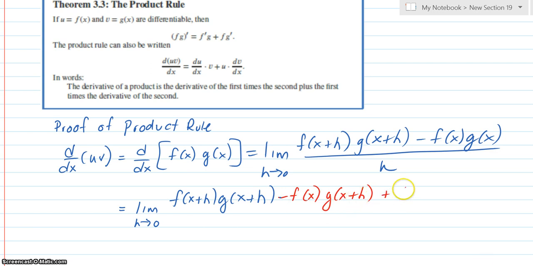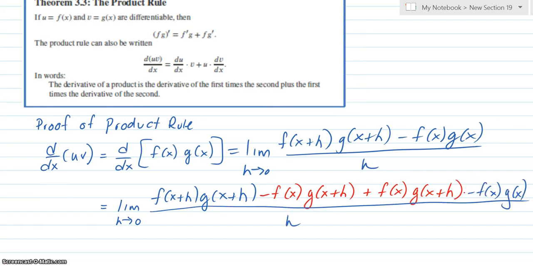And then I'm going to add it so I do not change the value at all. And I still have that f of x times g of x. This is a trick commonly used in mathematics, where if we add and subtract, we haven't changed the line above at all.